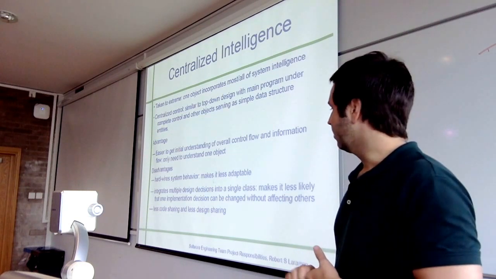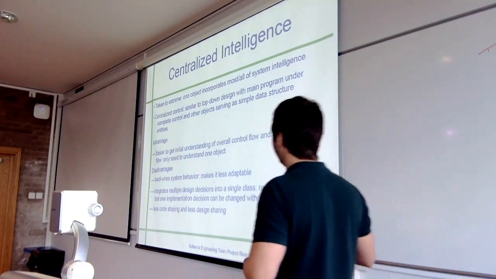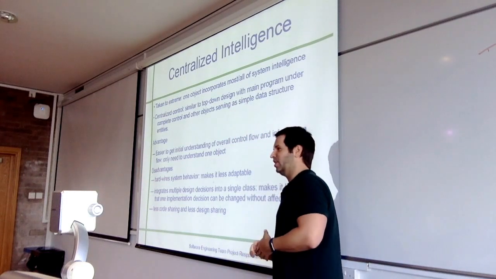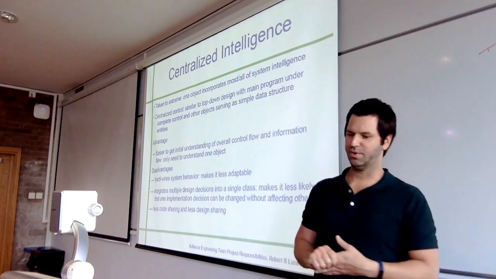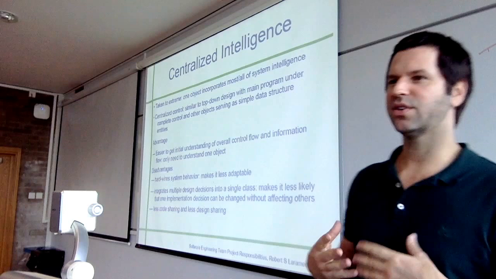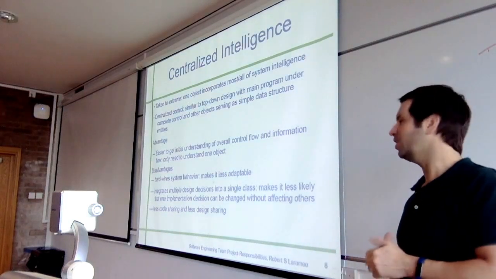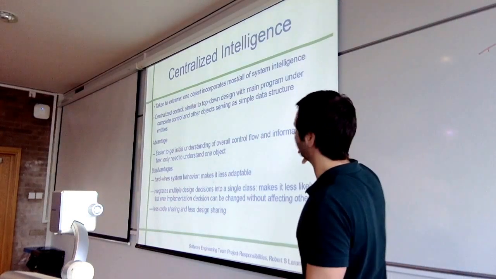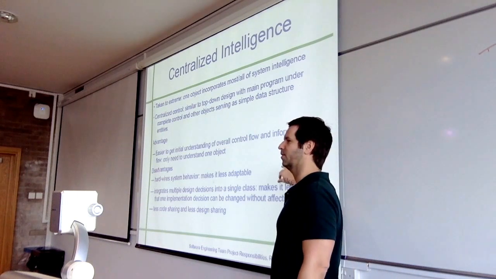Another extreme example that you'll find when you go into industry, you're not there yet, but if you decide you want to be a software developer in industry, you will find examples of centralized intelligence.